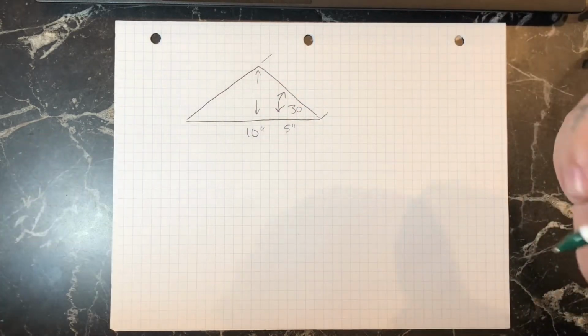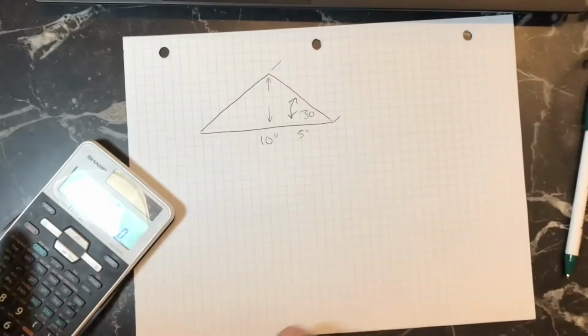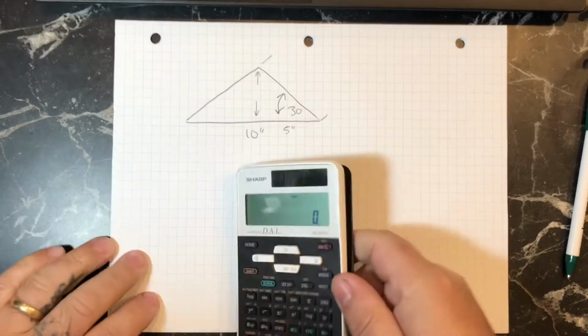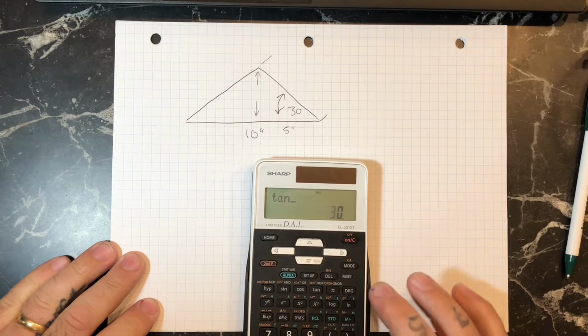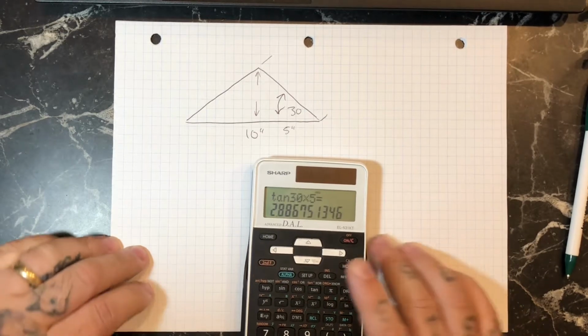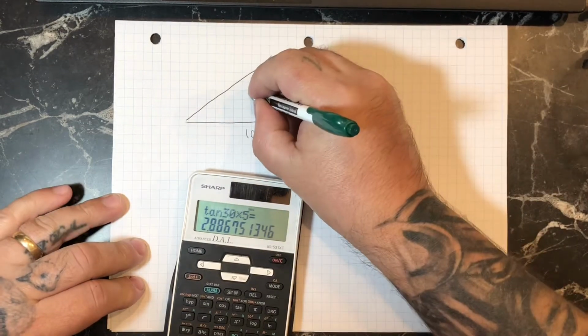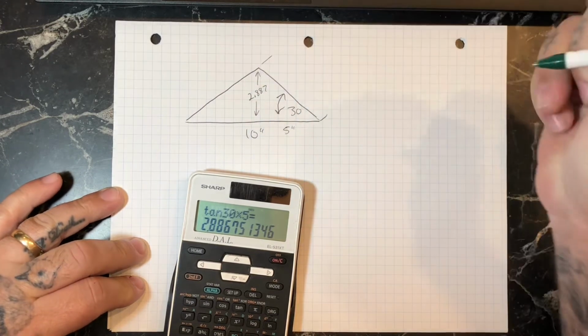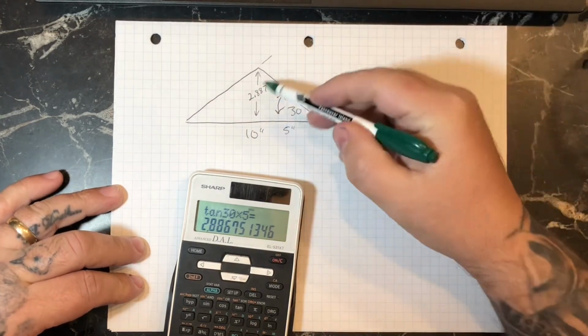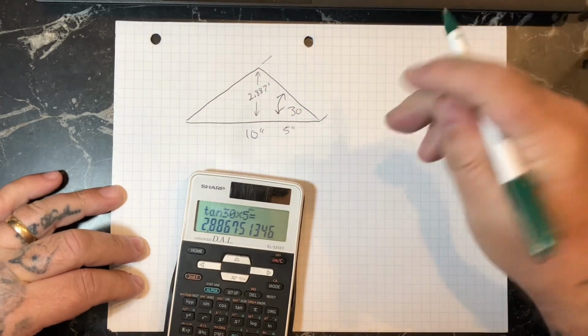So that's a tan function. On my calculator, if I go tan 30 times 5, it gives me 2.887. Obviously it's more than that. I'm just going to round this off for ease.